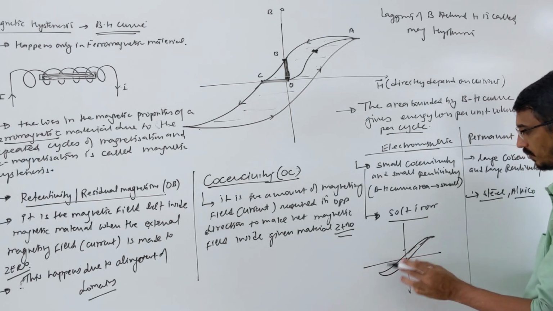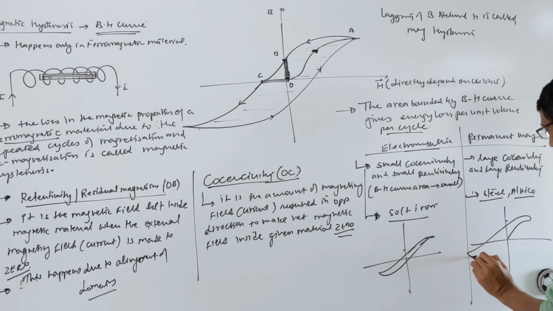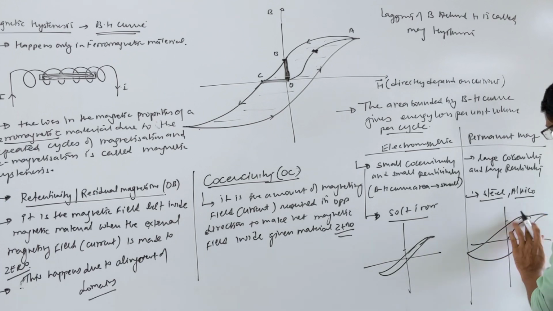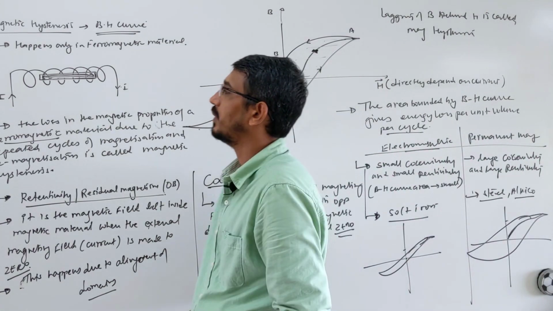This is good for soft iron. To make a permanent magnet you need big coercivity and big retentivity, so you need a big loop. This type of loop we will choose for a permanent magnet.